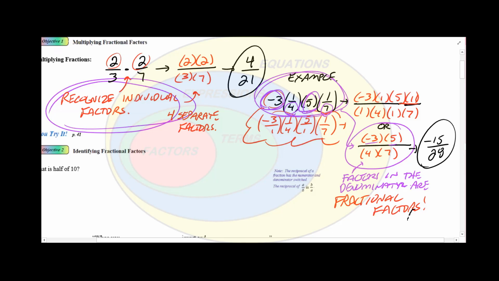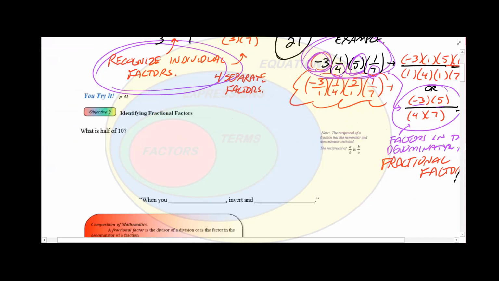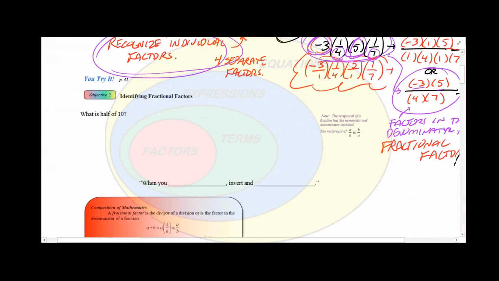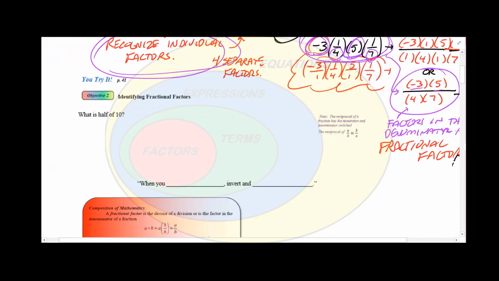All right, so let's look at identifying fractions or identifying fractional factors. Division, we're going to get into, but if somebody said, what is half of 10?